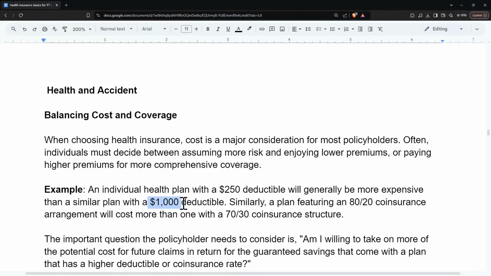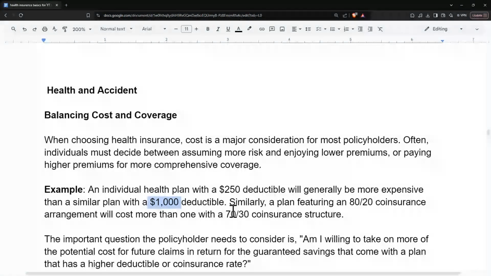Whereas with the $1,000 deductible, the insured has to pay more when they go for care. So if you have to pay more when you go for care, then typically your premiums will be lower. If you have to pay less when you go for care, typically your premiums will be higher. Same thing here. So a plan featuring 80-20 coinsurance will cost more than one with a 70-30 coinsurance structure.